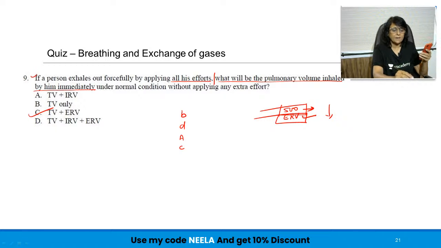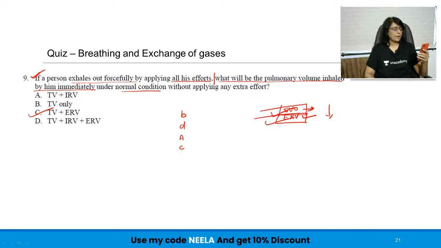And that is why I said read the question carefully. Everything is here, and when you're reading the questions on pulmonary volume, keep doing it yourself. So, person exhales out forcefully, means 500 gone out, normal exhalation forcefully, the reserve volume is also gone out, and now you have to inhale under normal condition. So this has to be refilled and this has to be refilled.